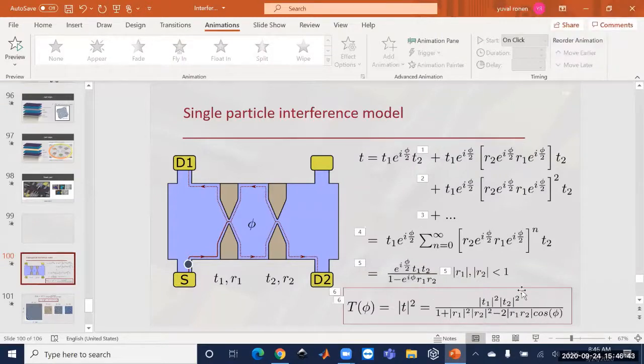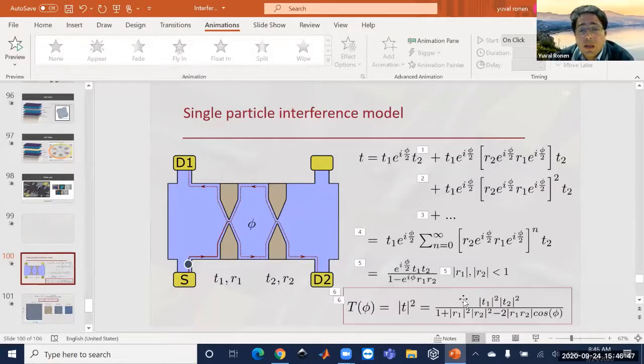L naught is the coherence length, also called L phi. Exactly. Then you get a new formula that depends on T1, T2, R1, R2, L, L phi, and phi. Then I change T and R for a particular L, and I can find what L phi is.